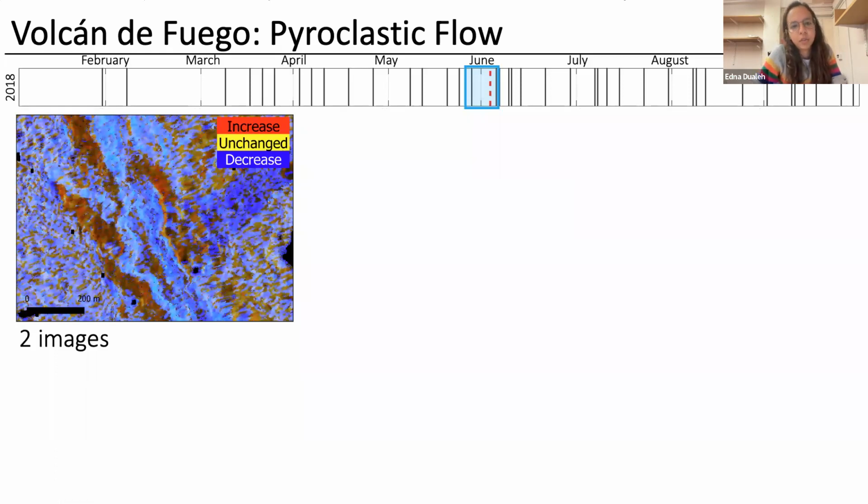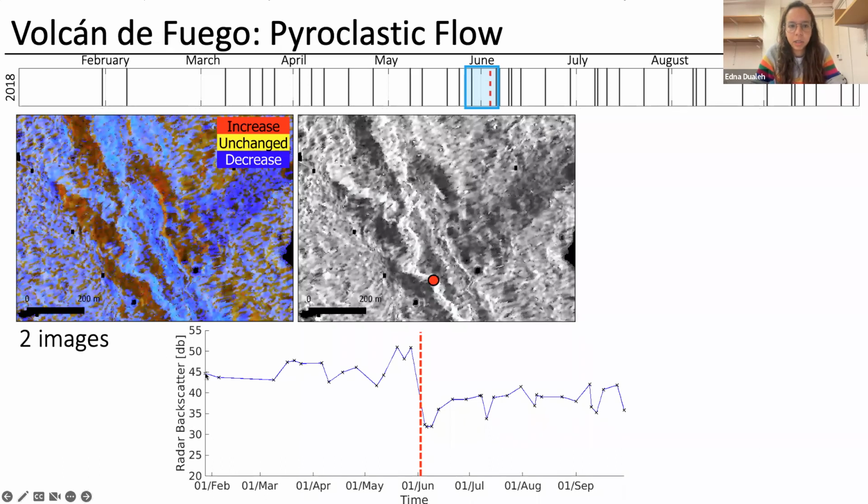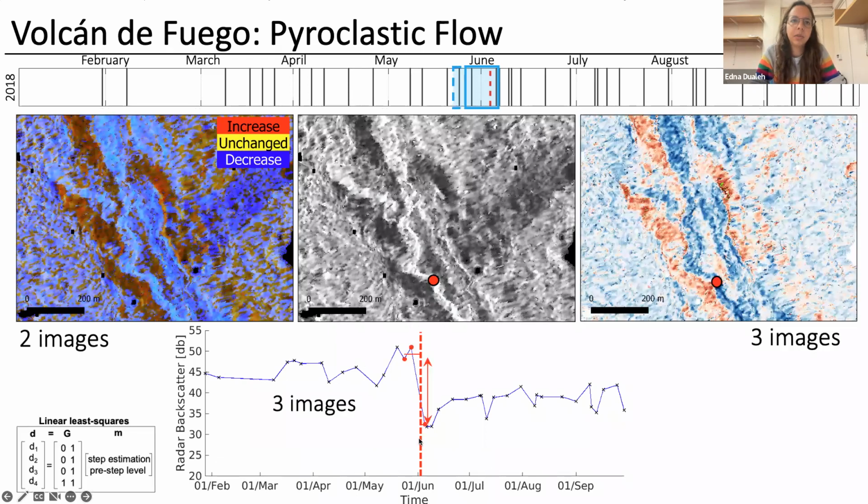So to try and improve this, we looked at just a single pixel time series. This is for this area here, and we can see when the pyroclastic flow is in place, we have a drop in the radar backscatter. We can apply a simple linear least squares inversion to this to calculate the change in radar backscatter associated with this drop.